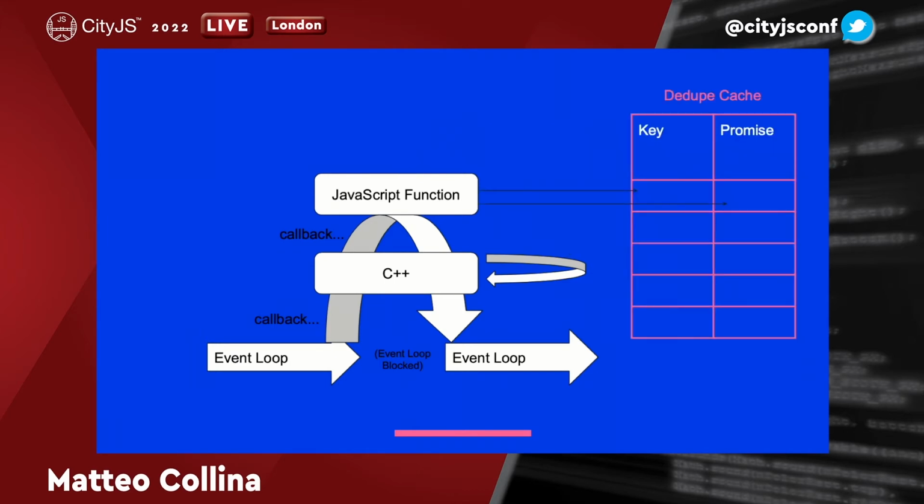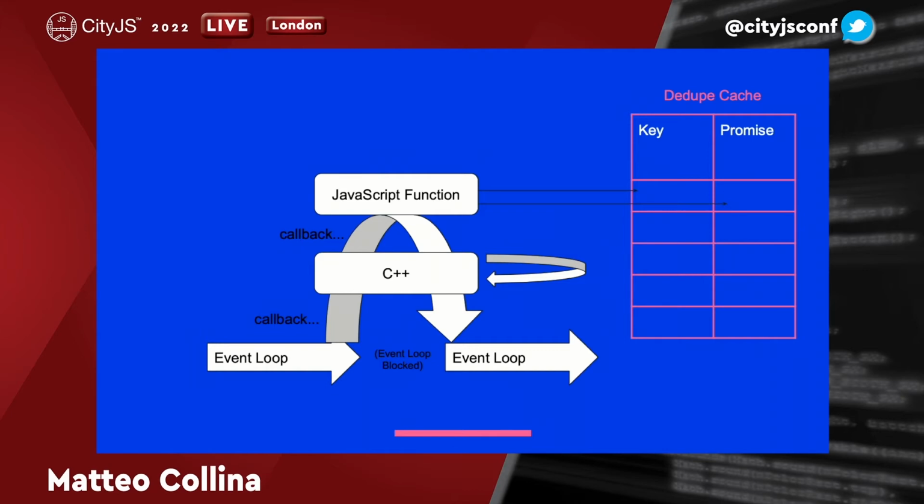Okay, so how does it work? Let's say you're calling a JavaScript function. We can create a key for that specific function, based on the promise it returns.